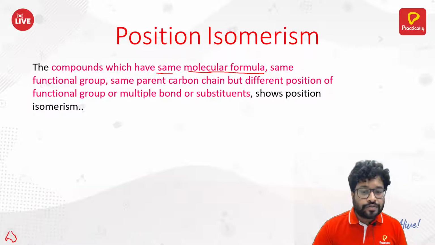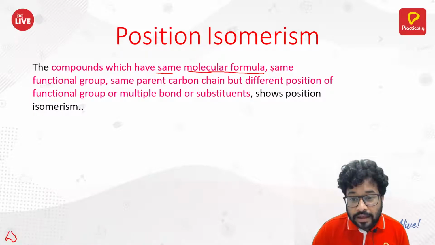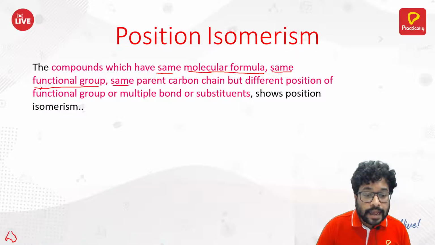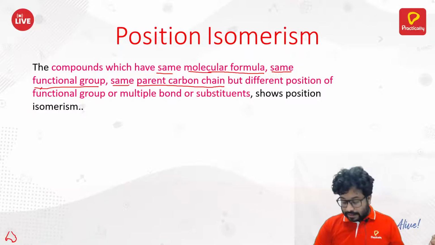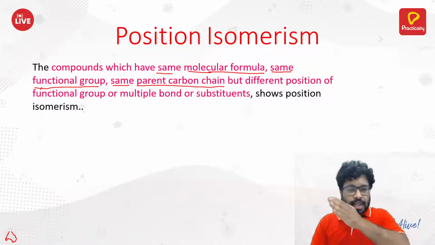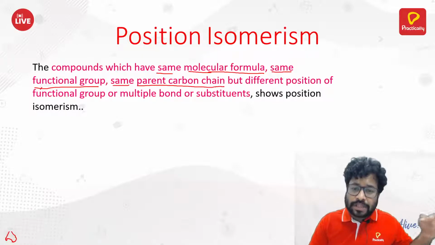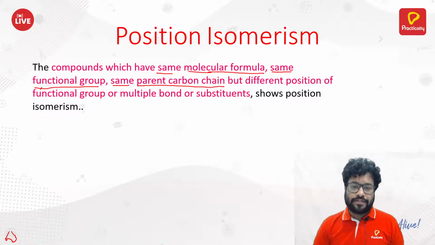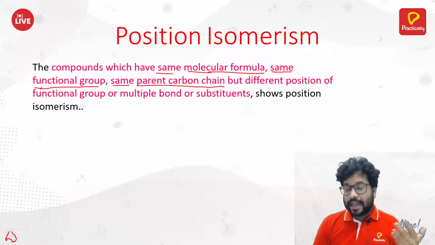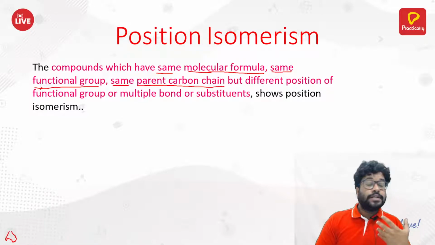So the compounds which have the same molecular formula, same functional group, same parent carbon chain. Now, in the last isomerism, what did we see is that the size of the chain was different. The length of the chain was different. That is why we were calling it chain isomerism.